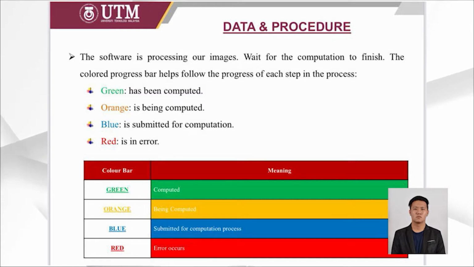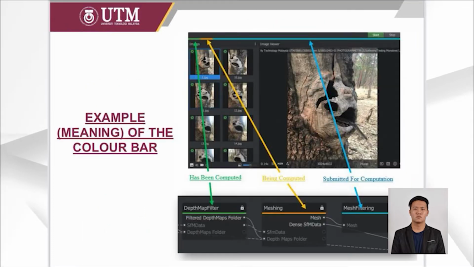It will show four colors. The green one has been computed, orange indicates it is being computed, and blue is submitted for computation. The red one is in error, so we have to import the images again if the red color appears.